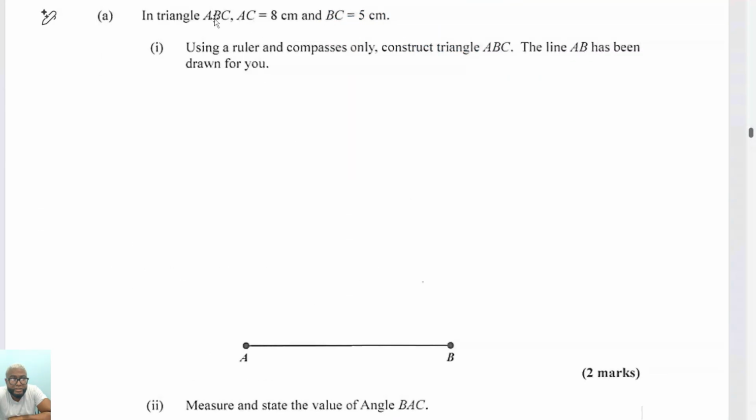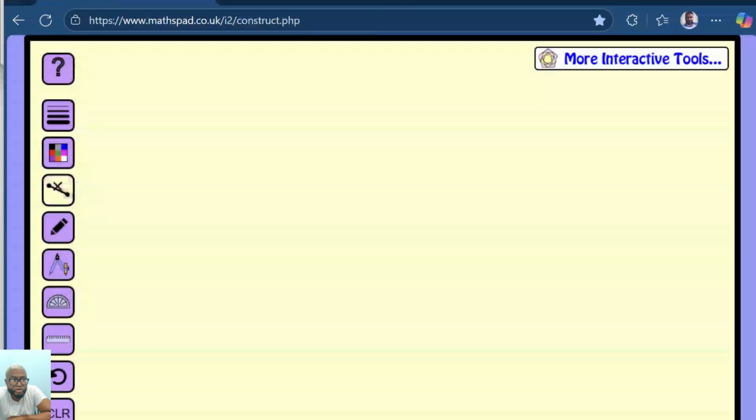Going back through it, triangle ABC: A to C is 8, and B to C is 5. We're going to use our compass and ruler only. This is not the line you all have, but I'm just trying to recreate it.